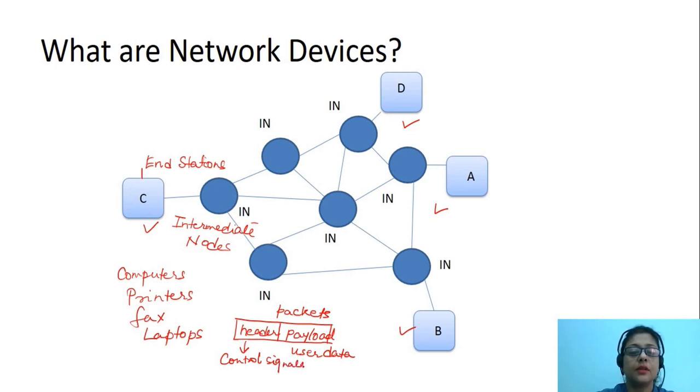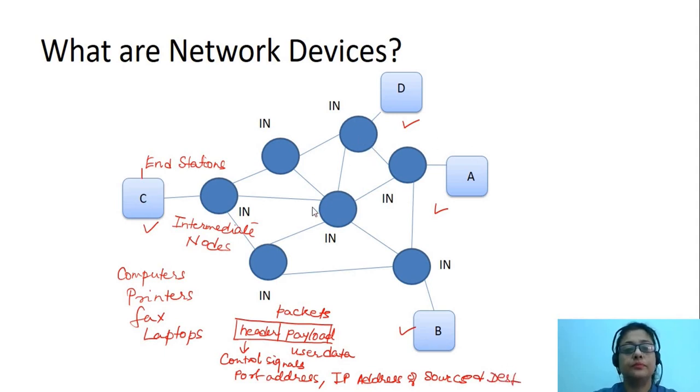For example, the header part may consist of the port address, then the IP address of source and destination.